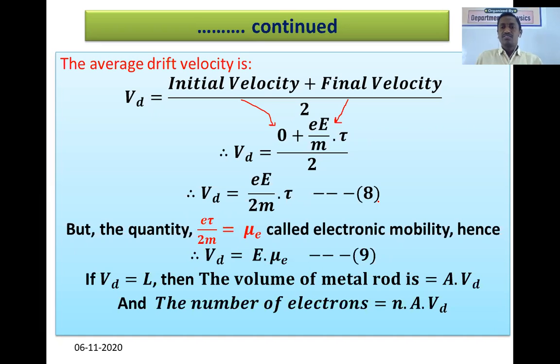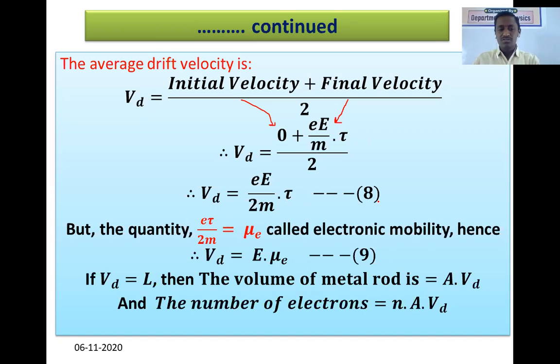As in the Drude-Lorentz free electron theory, the drift velocity achieved by the electron is superimposed over the already existing velocity.